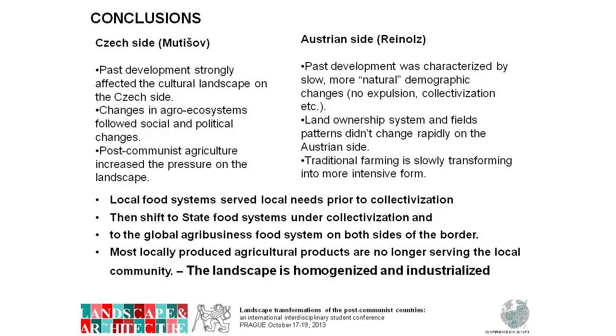We can also conclude that local systems served local needs prior to collectivization, and the shift to state food systems during communism was obvious. Today, global agribusinesses and food systems on both sides of the border are playing a major role.